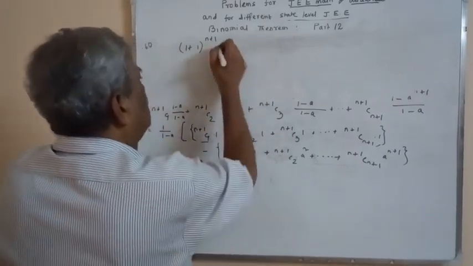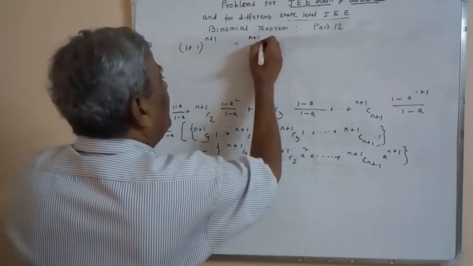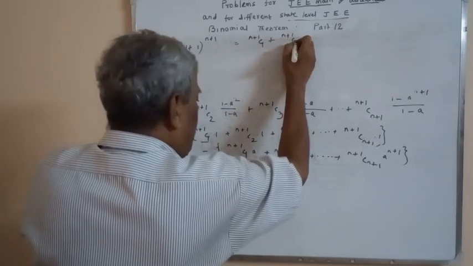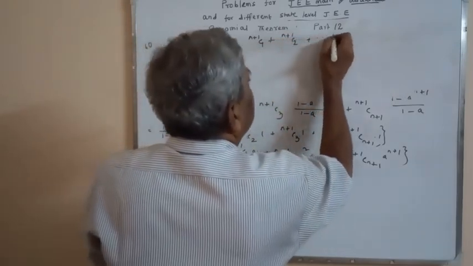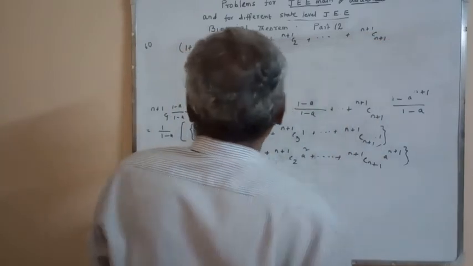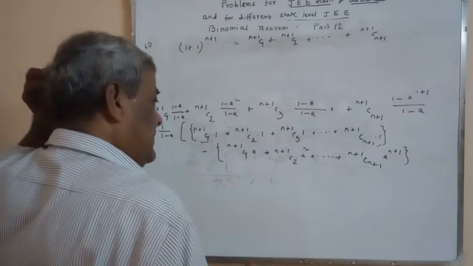So this is equal to 2 to the power n plus 1 into 1. So now this one is calculated.